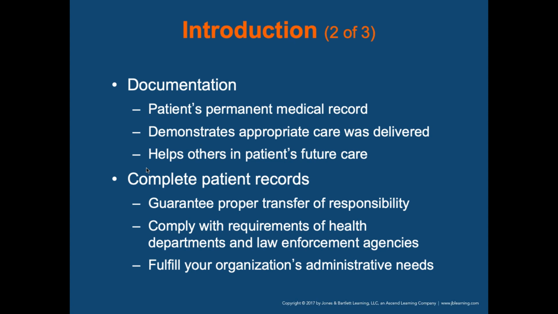So again, you have to make sure you document everything. It also helps others in patients' future care. Complete patient records also guarantee proper transfer of responsibility, comply with requirements of health departments and law enforcement agencies, and fulfill your organization's administrative needs. What they mean by that also is the billing aspect, because without that, we can't bill for anything.